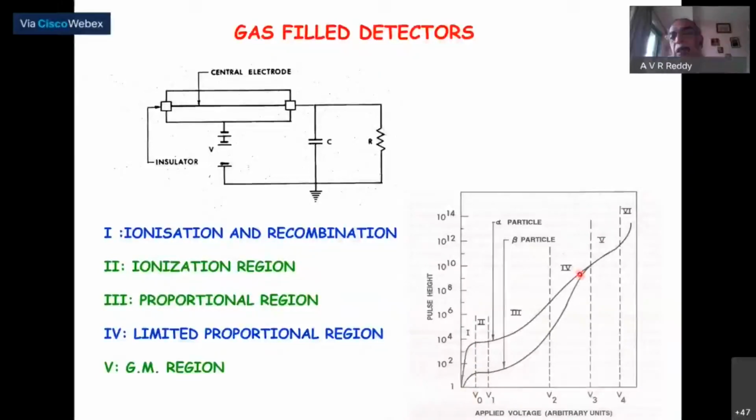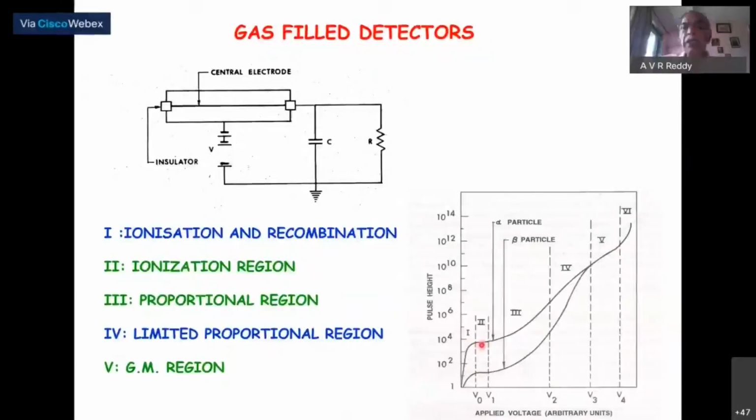But a stage will come where it doesn't make sense in the GM region, because if just one initial ion pair is there, you get the same height. If you have 10, you get the same height, right? Therefore, this region is useful to know that radiation is present and to quantify it, but we will not know which radiation it is, whether alpha, beta, or gamma.